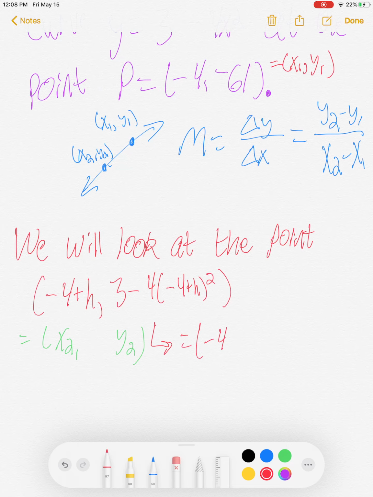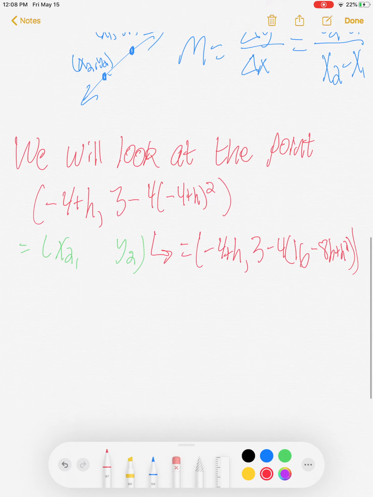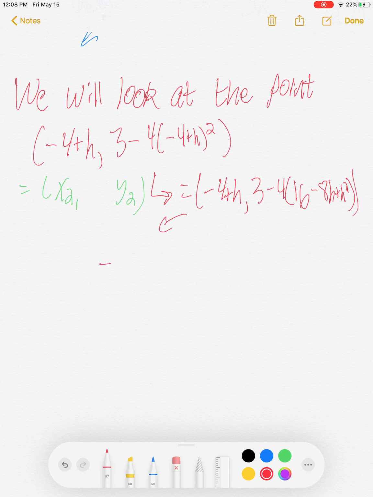Okay? So first let's go ahead and rewrite this. Let's multiply out that second part, our y2 here. So I get 3 minus 4 times, okay, square the first, double the product, square the last. I can rewrite this as 16 minus 8h plus h squared, and then I have 3 minus 64 plus 32h minus 4h squared.